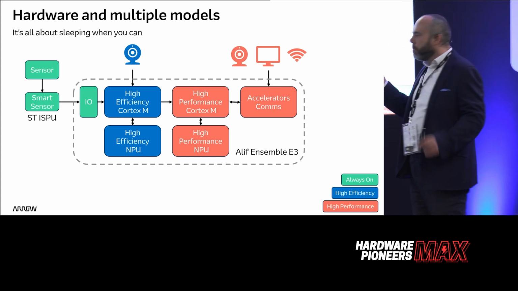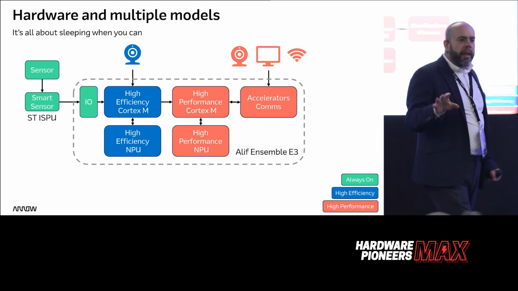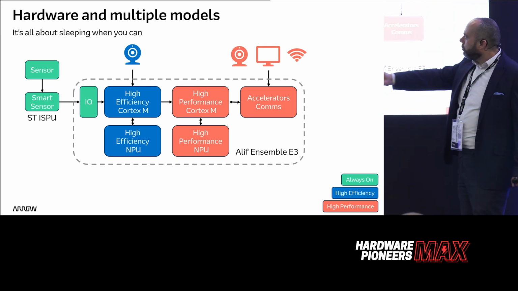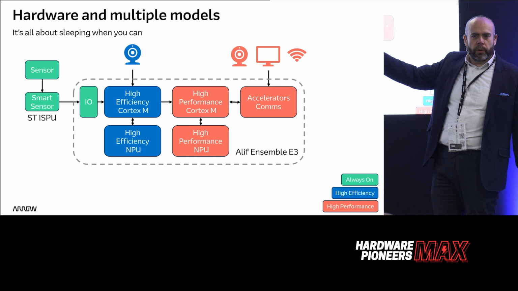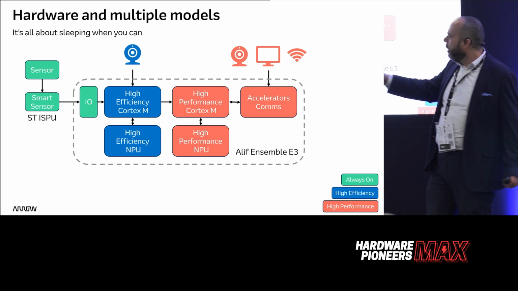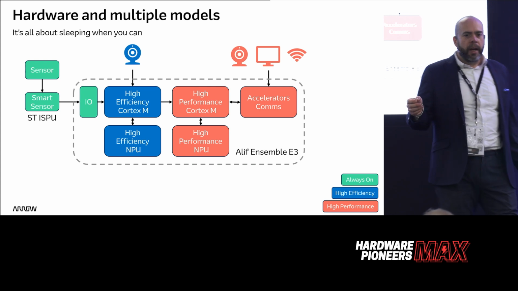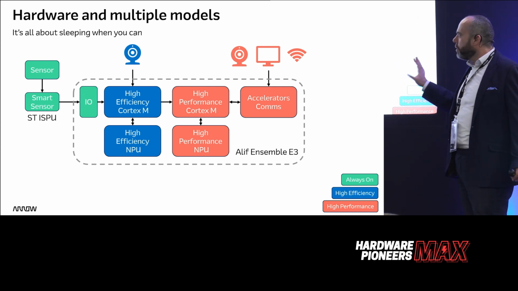And what we're doing was we're running a really simple AI model here. And when that AI model wakes the device up, it then goes into the IO stage, which is also always on, so that you can always communicate. There are a few other things running here too, which I've hidden, things like global timers and various other bits and pieces. But in general, most of it's turned off.